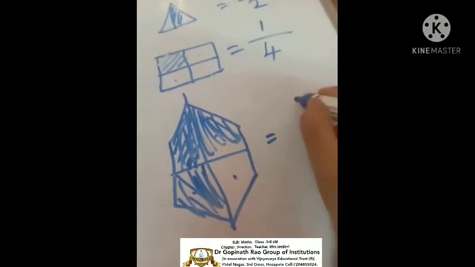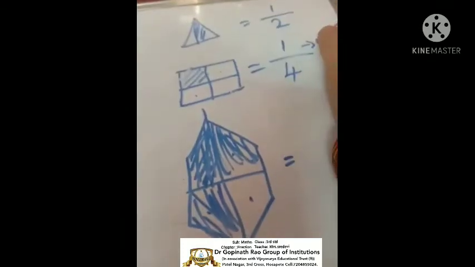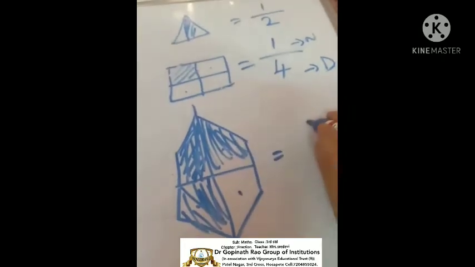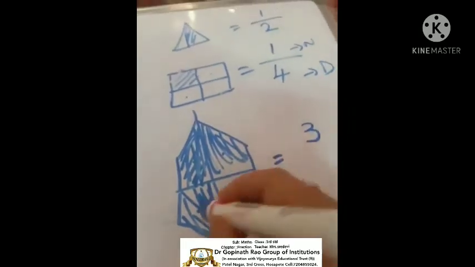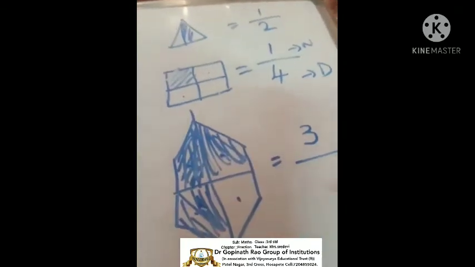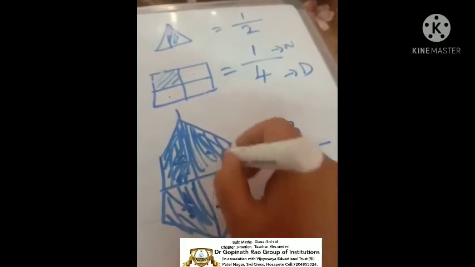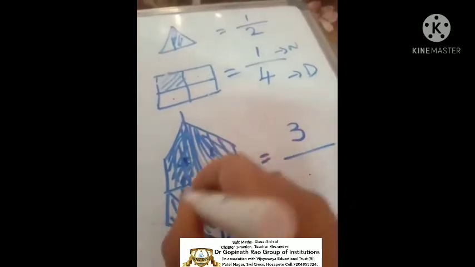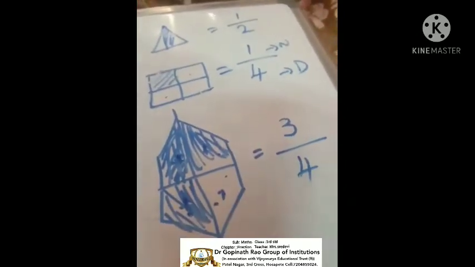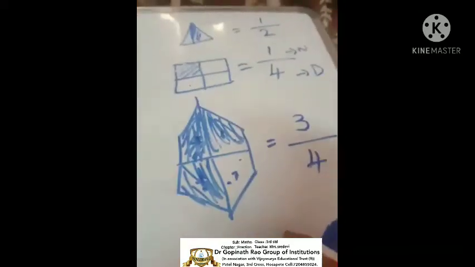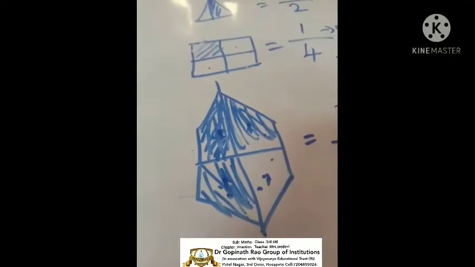First always the numerator. This is called the numerator and this is called the denominator. The numerator is always the number of shaded parts, which is 1, 2, 3. What will you write as the denominator? The total number of parts, 1, 2, 3, 4. So 4. This is how a fraction should be written, children.